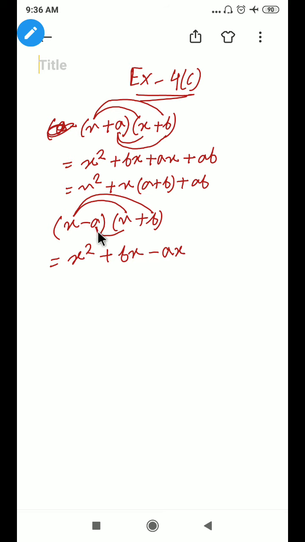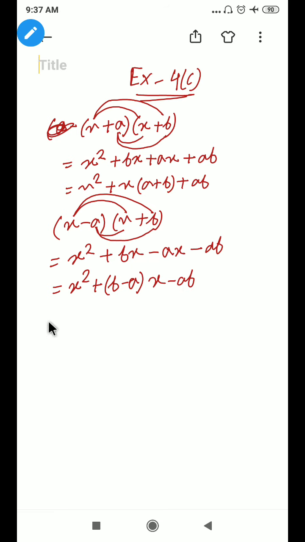Now multiply a into b. Because you are multiplying a into b, firstly multiply their signs. That means firstly multiply plus into minus, it will be minus, and a into b, that is ab. So this will be x square plus b minus a into x minus ab.